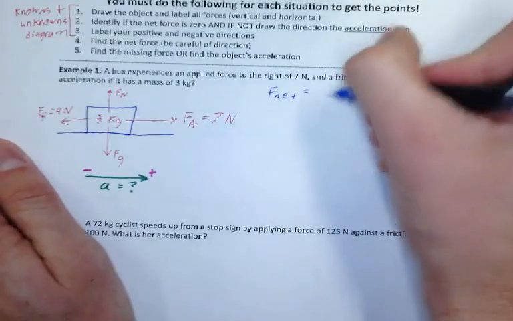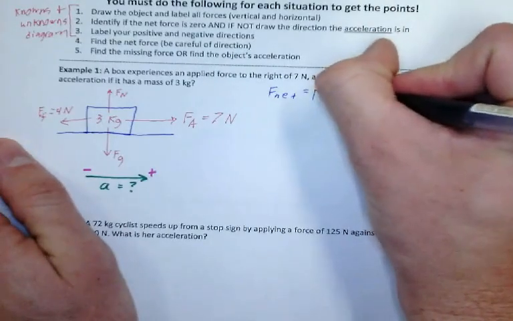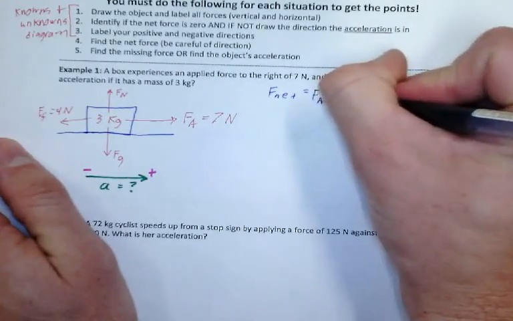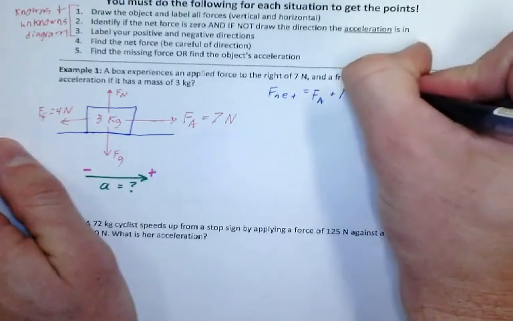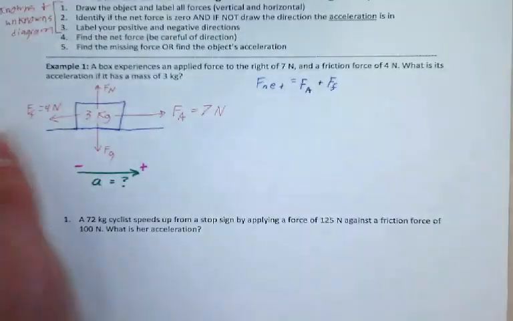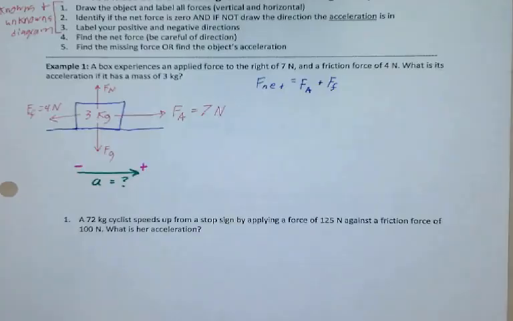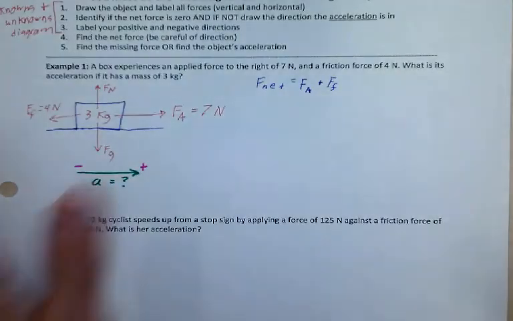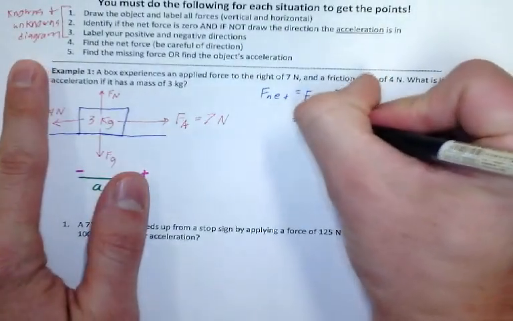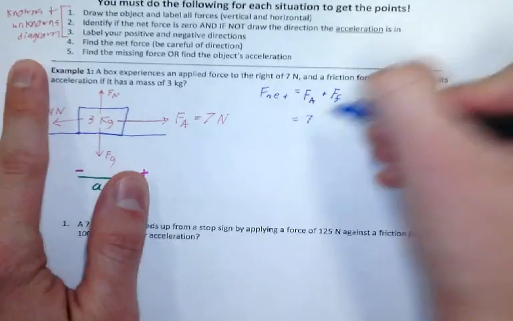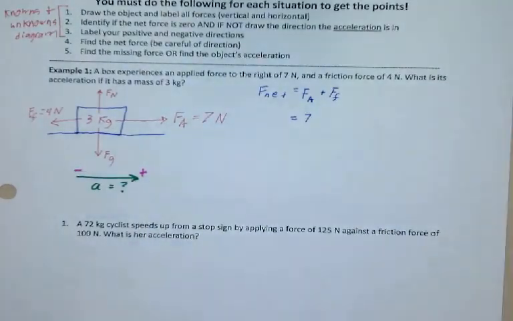So F net equals FA plus FF. Those are the only two forces acting, so those are the only two forces I include. When I add them together, the applied force is 7, but then friction is in the opposite direction.